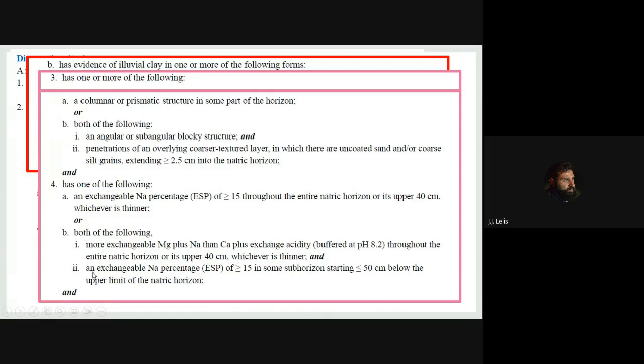And we should possess an exchangeable sodium percentage that is equal or higher than 15 in some subhorizon that starts below the upper limit of the natric horizon and within 15 centimeters, okay?